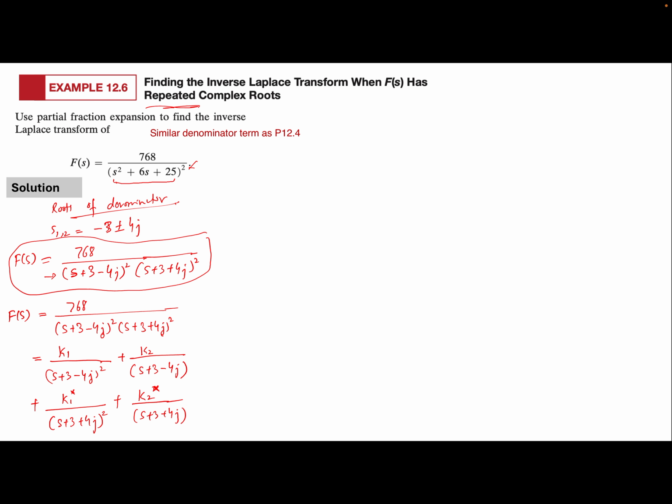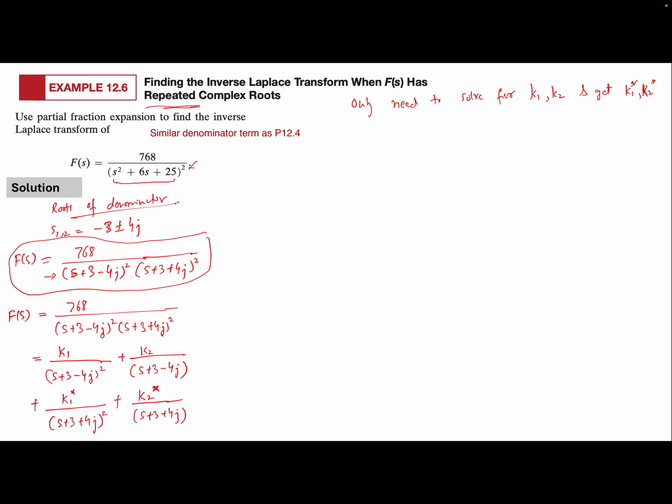And by the looks of it, I only need to solve for K1 and K2, and then get K1 prime and K2 prime just by the conjugate nature of it.